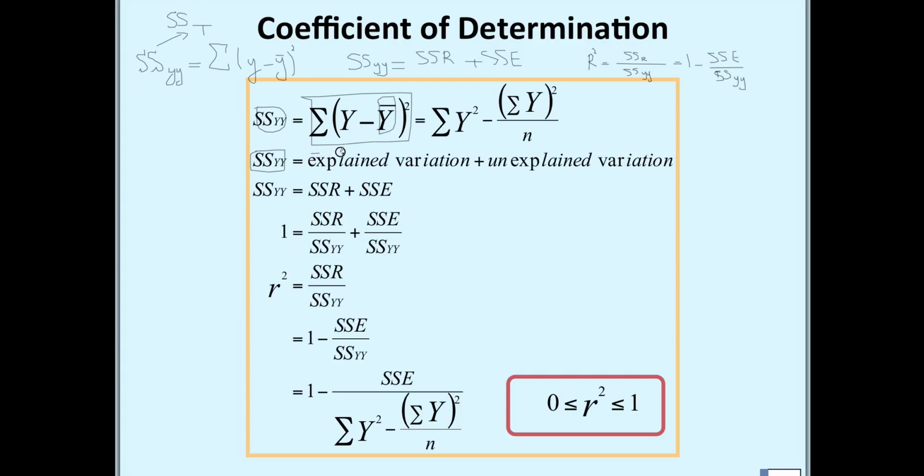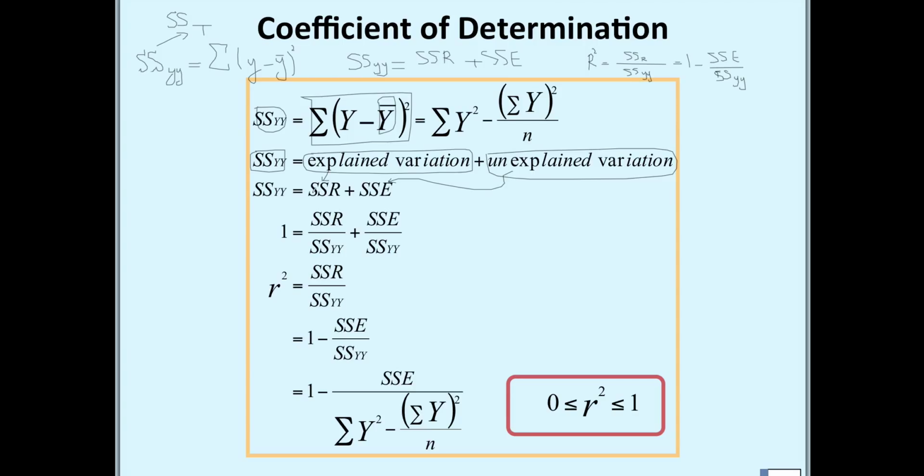It has two parts: the one that you could explain by your linear model, by your regression line, and the one that you were not able to explain, the unexplained part. The explained part is called SSR, the sum square of your regression model. SSE is the unexplained part, the sum square of your error.